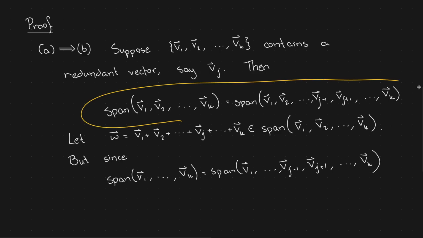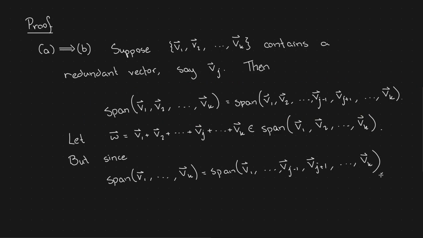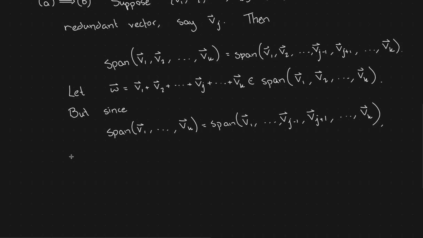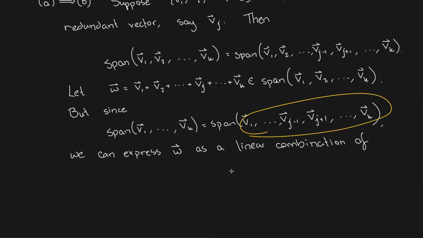Just restating this. But that's the reason why this is going to work. We can express W as a linear combination of these vectors right here, okay? The vectors without the Vj.